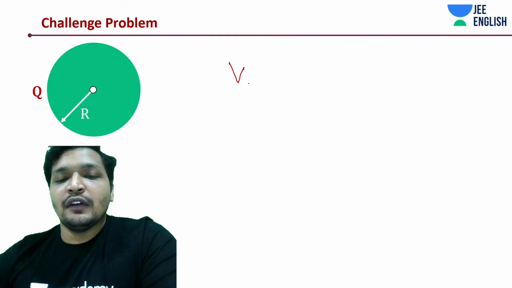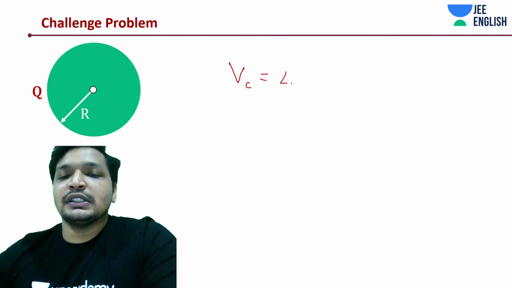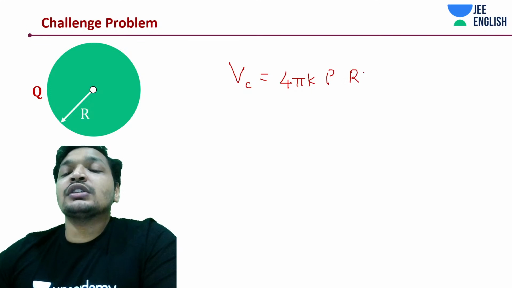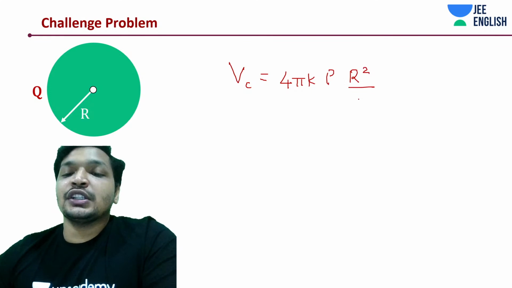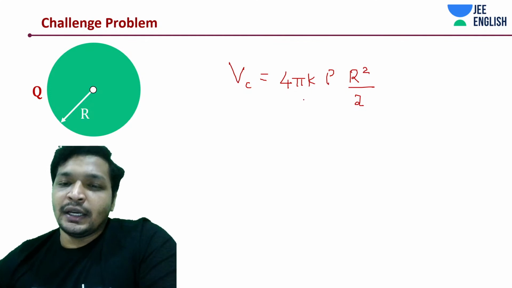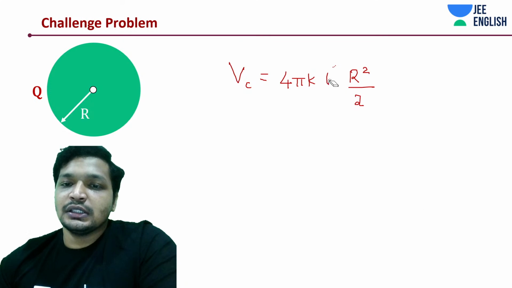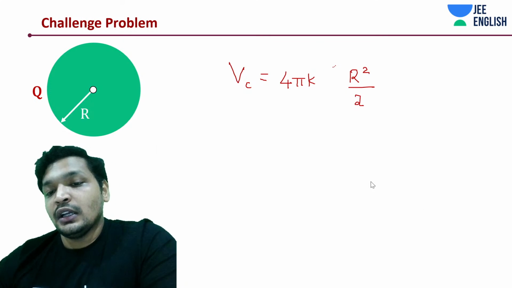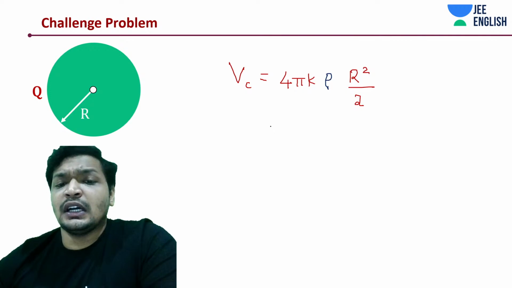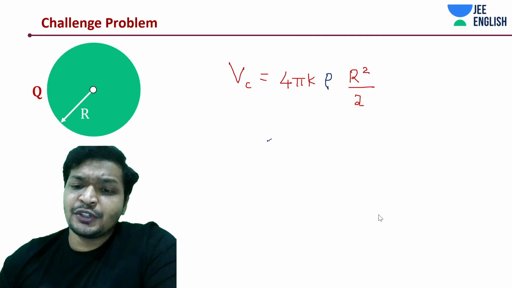So we got Vc, I'm just carrying forward the same equation, 4 pi k into rho into r square by 2. Okay, this is the constant value over here. Now let's substitute the value of rho.